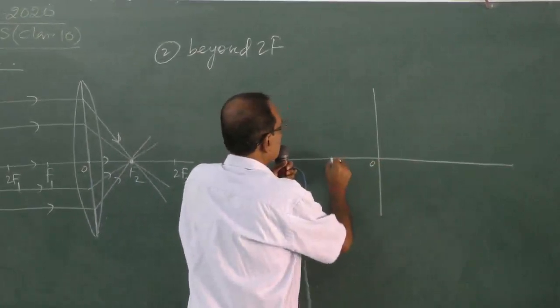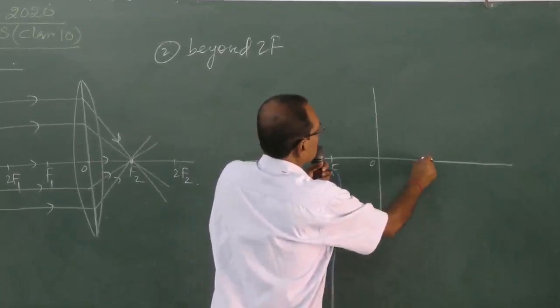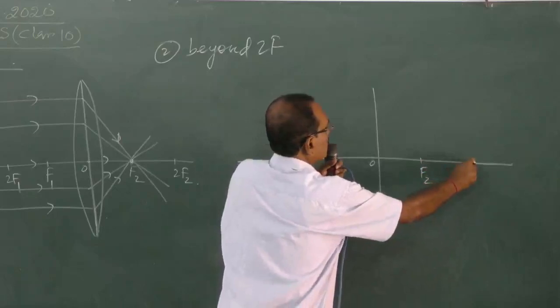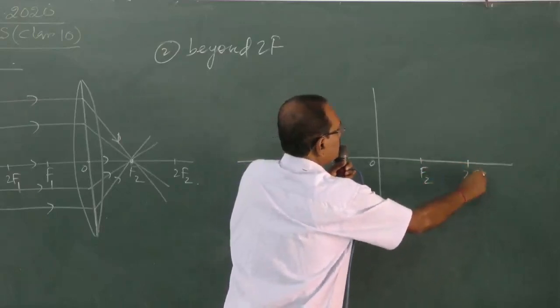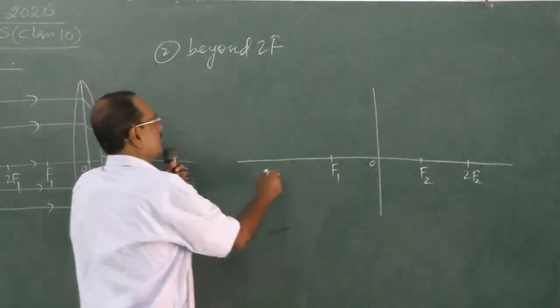Now mark F1 at equal distance, that is OF1 equal to OF2, then 2F2 on the right hand side and 2F1 on the left hand side.